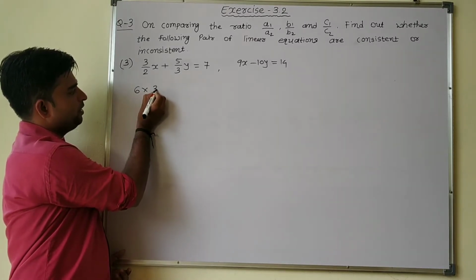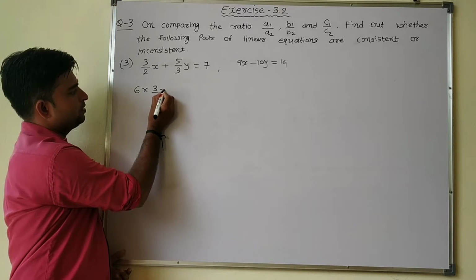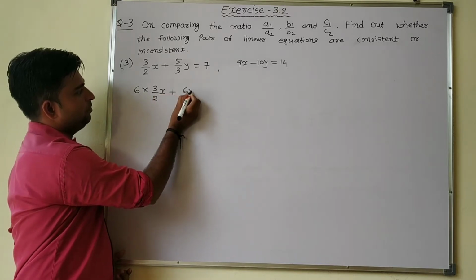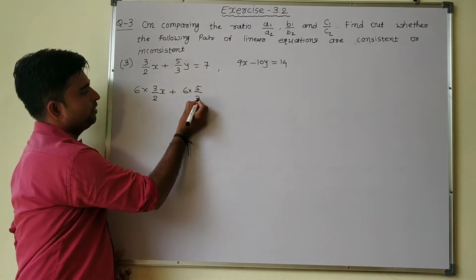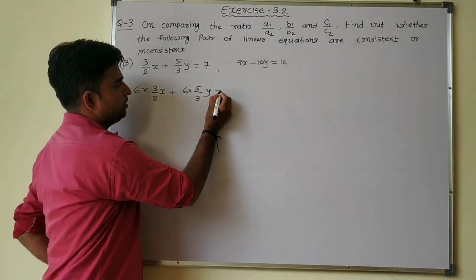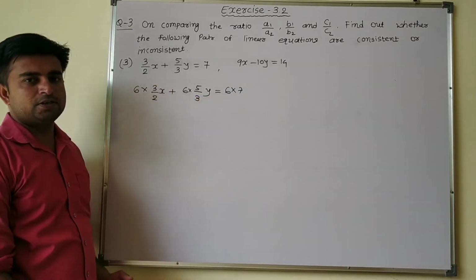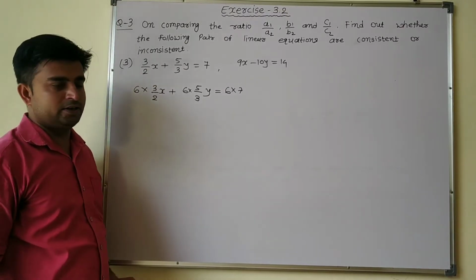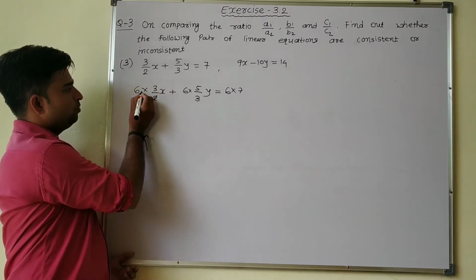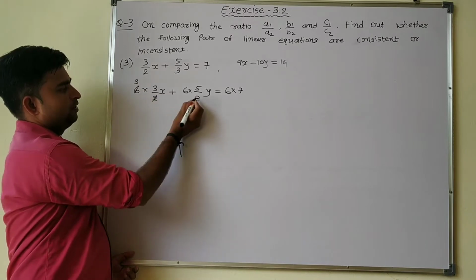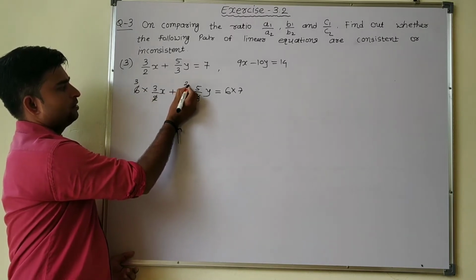6 multiplied by 3 upon 2 x plus 6 multiplied by 5 upon 3 y is equal to 6 multiplied by 7. We have multiplied the whole equation by 6. Now from here, 2 3s are 6, 3 2s are 6.